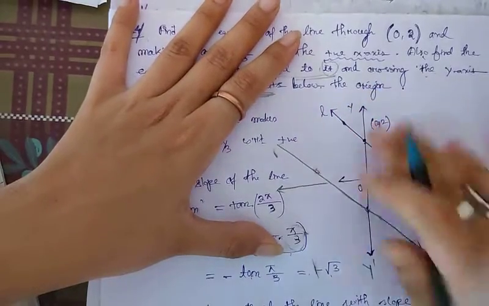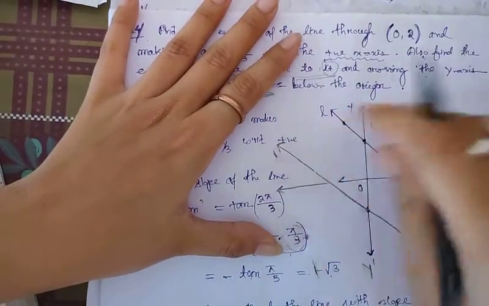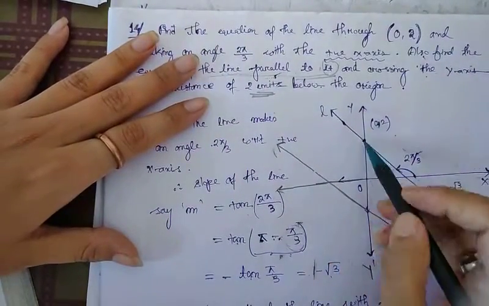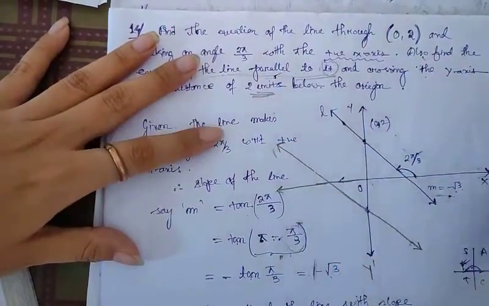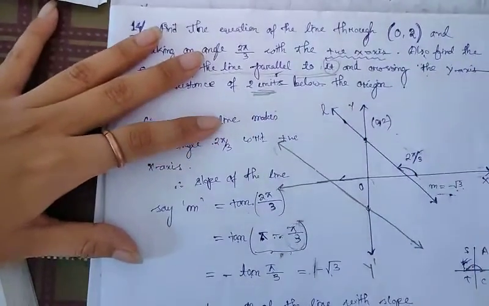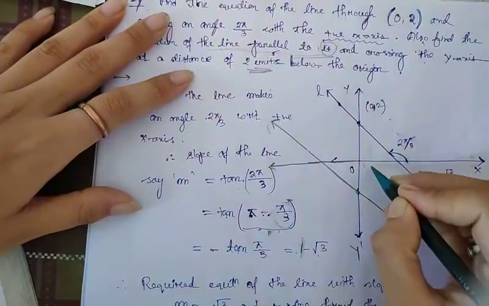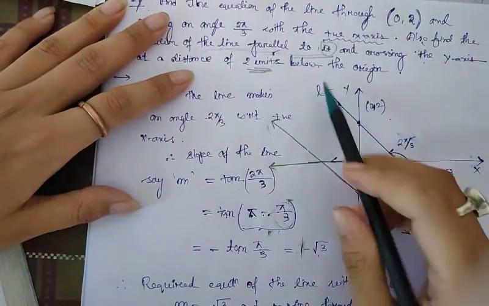Say this is your line. We have to find the equation of the line which is parallel to the first line. In my diagram it is not exactly parallel, but make it parallel.